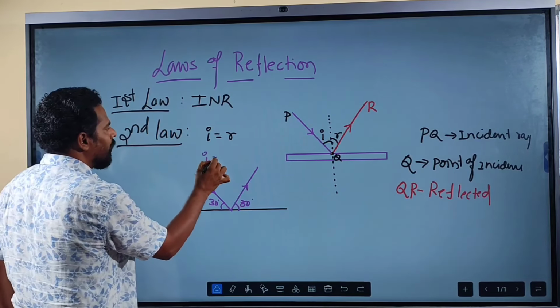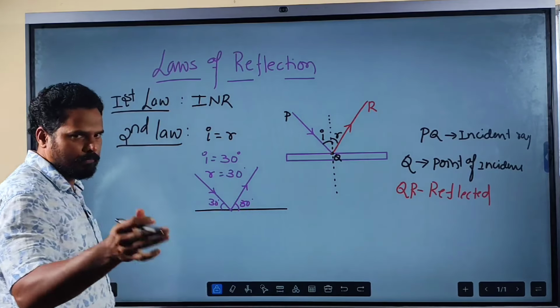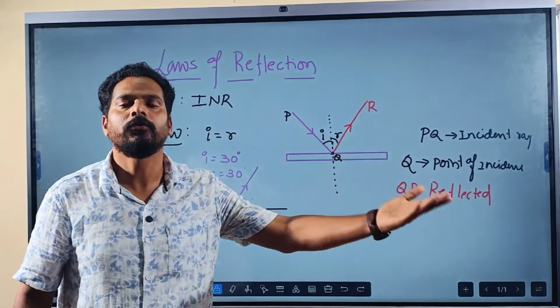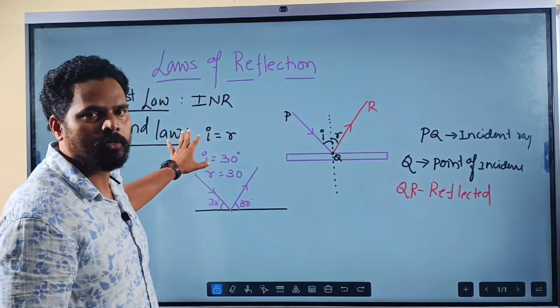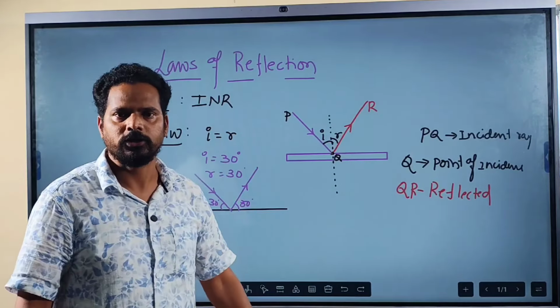That means if the angle of incidence is 30 degrees, the angle of reflection is also 30 degrees. If the angle of incidence is 45 degrees, then the angle of reflection is also 45 degrees. Hope you understood? So this is the second law of reflection. Now we have understood how reflection takes place through a plane surface or plane mirror.